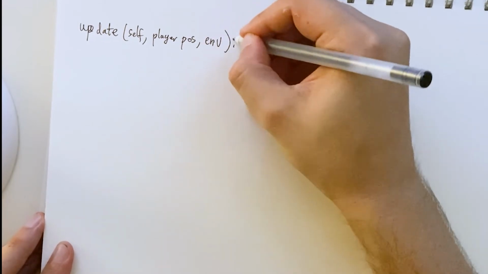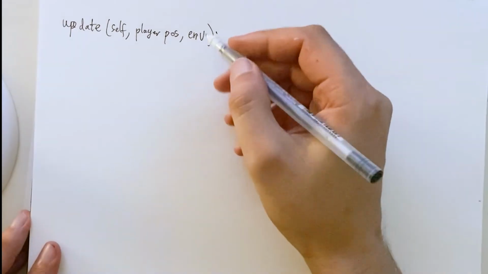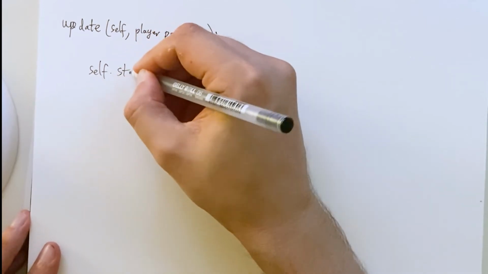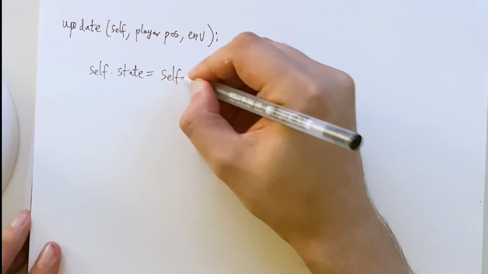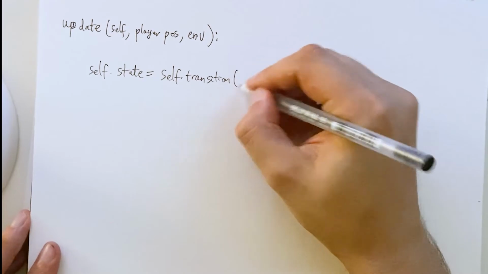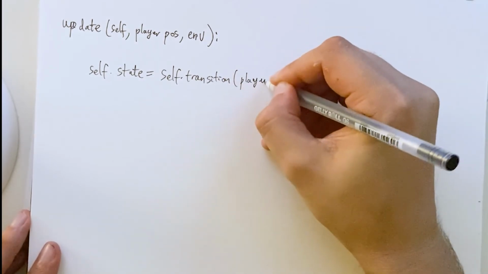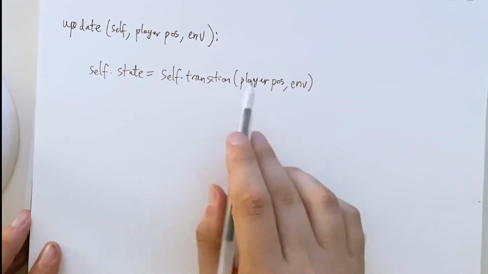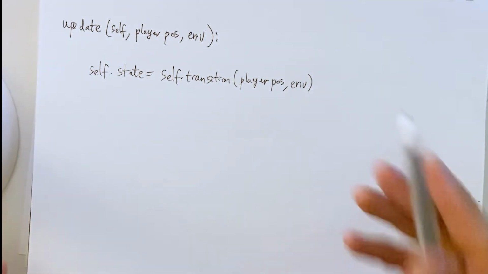Yes, this is some sort of description of our environment, the geometry that we're walking around in. So what we do is we say self.state equals, okay, so we call our transition function with our input variables, and our state is already in the class.